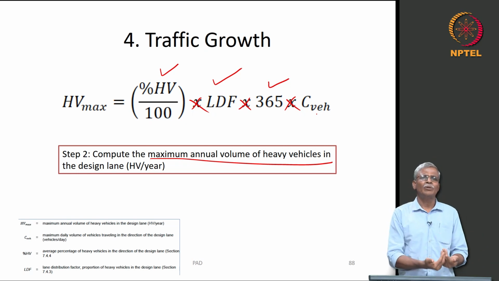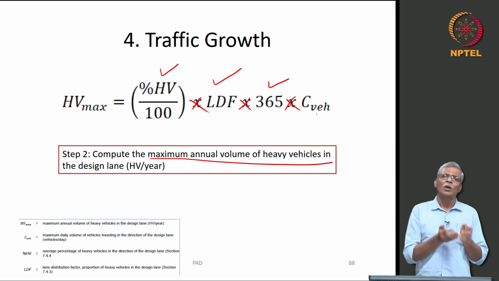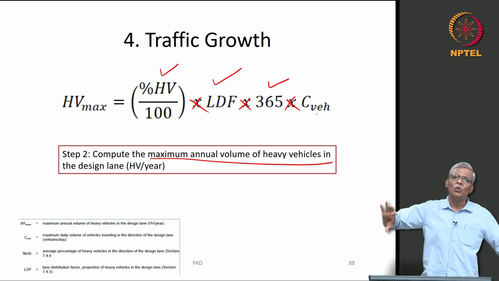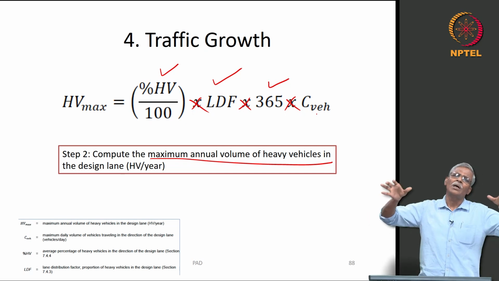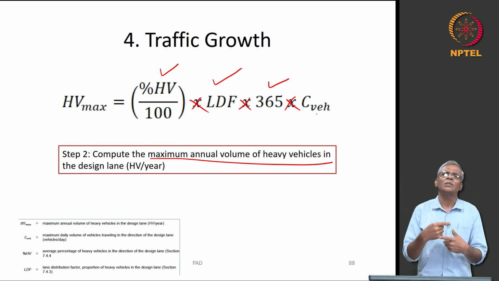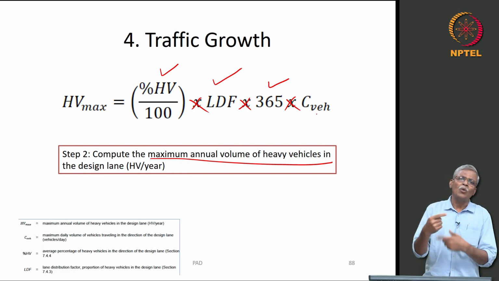These axles are coming from the volume count that you do. Now, what is the connection between the load carrying capacity or the geometric capacity of the road and the computations that you are doing? These two things have to be related. So, how do we relate this?